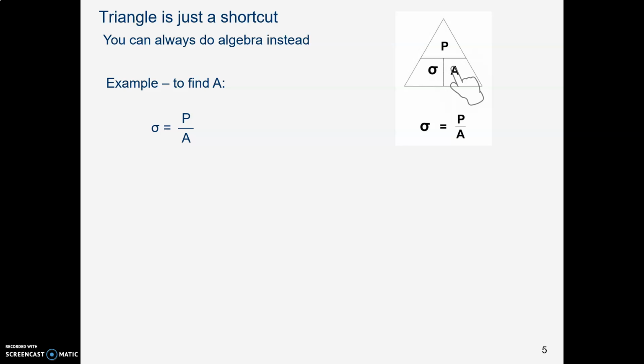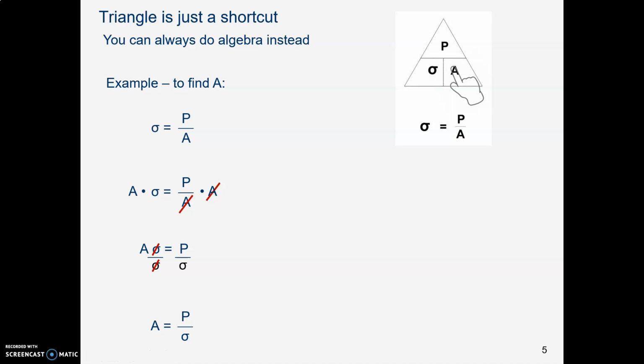So covering up the A, there's the version. But to do algebra, we'd multiply both sides by A. The A's cancel out. Then we divide both sides by stress. The stresses cancel out. And we're left with A equals force over stress.